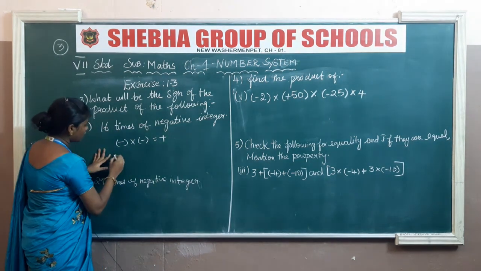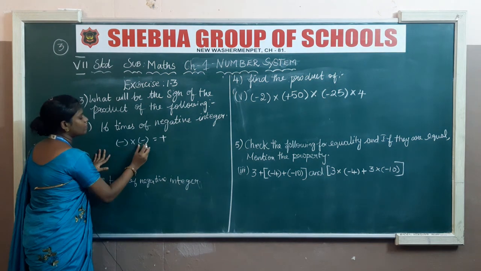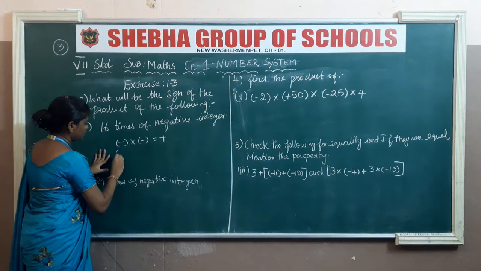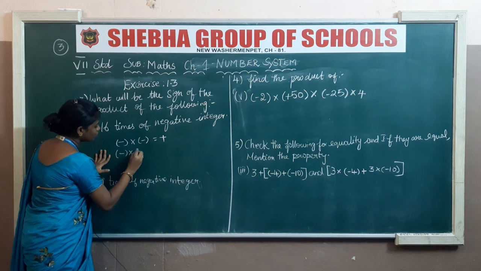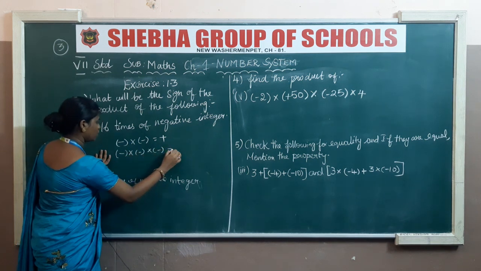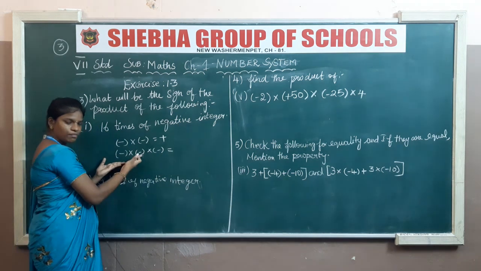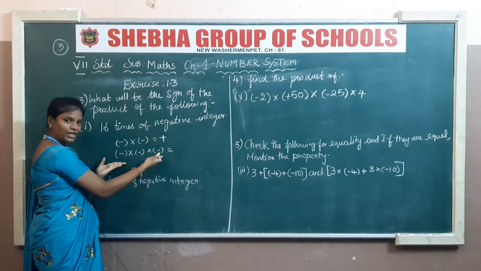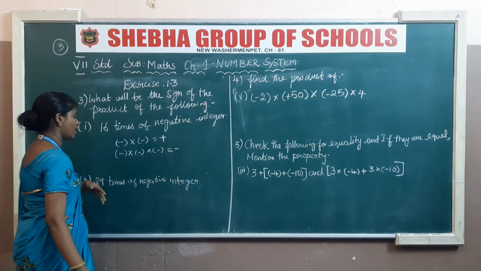This is even. Minus into minus should be plus. Then minus into minus into minus: minus into minus should be plus, plus into minus should be minus, so the value is minus.